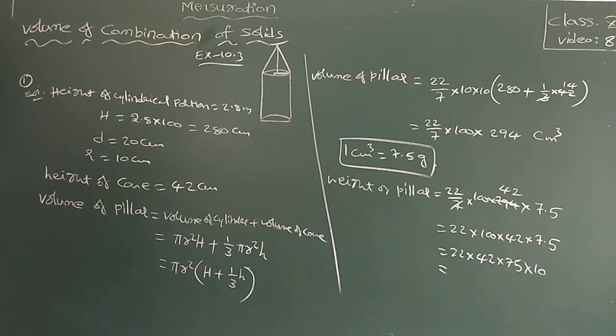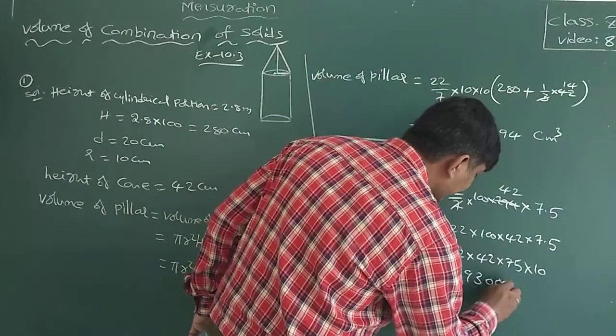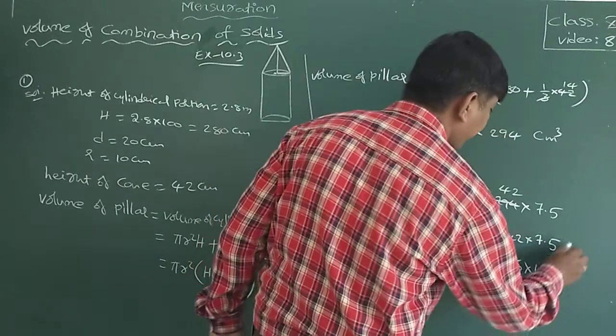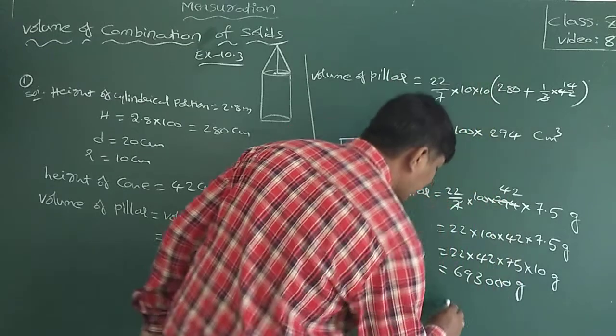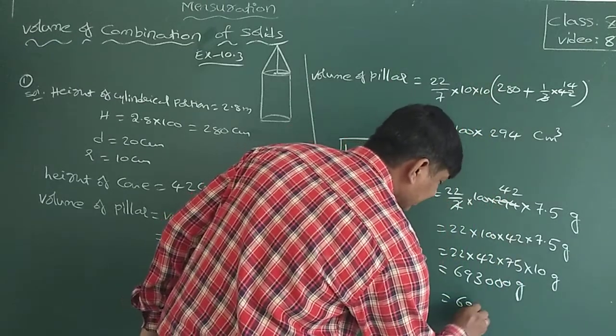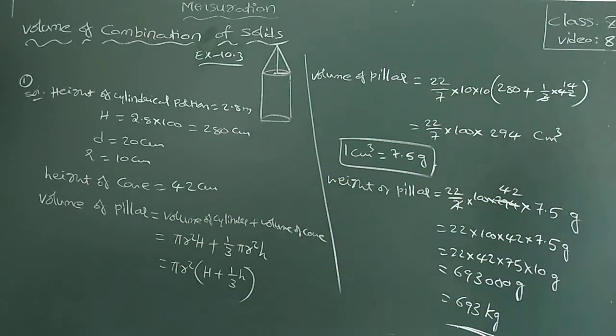That gives 693000 grams. Now in kilograms, dividing by 1000, that is 693 kilograms.